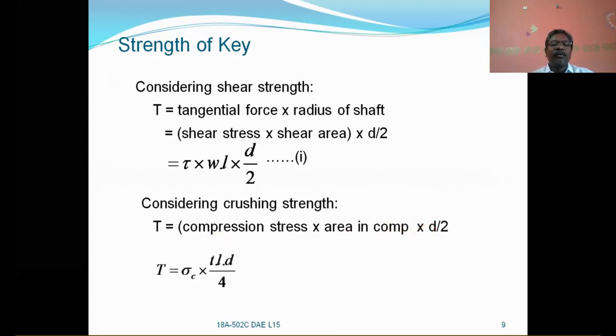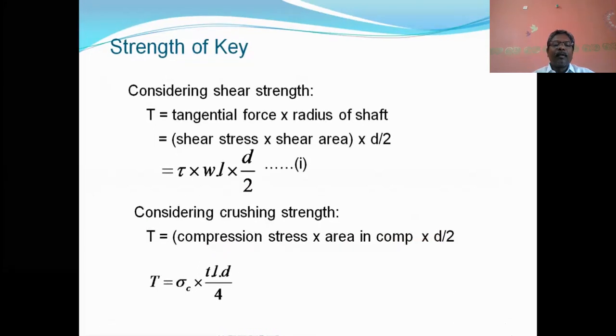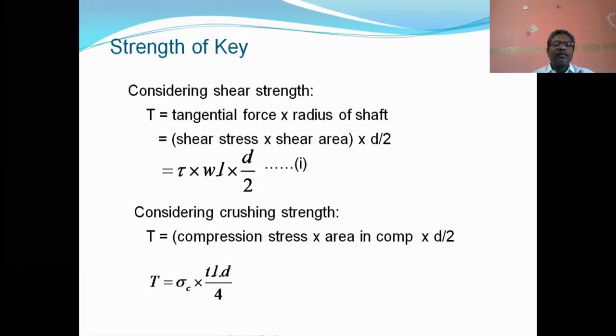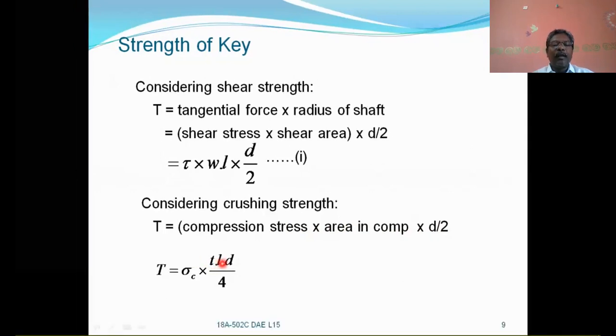The crushing stress is sigma c, and the crushing area is t by 2 into L. Finally, in terms of crushing, capital T is equal to sigma c into t L d by 4. So considering the shearing strength, T is tau W L d by 2, and considering the crushing strength, T is sigma c t L d by 4. This is equation 2.